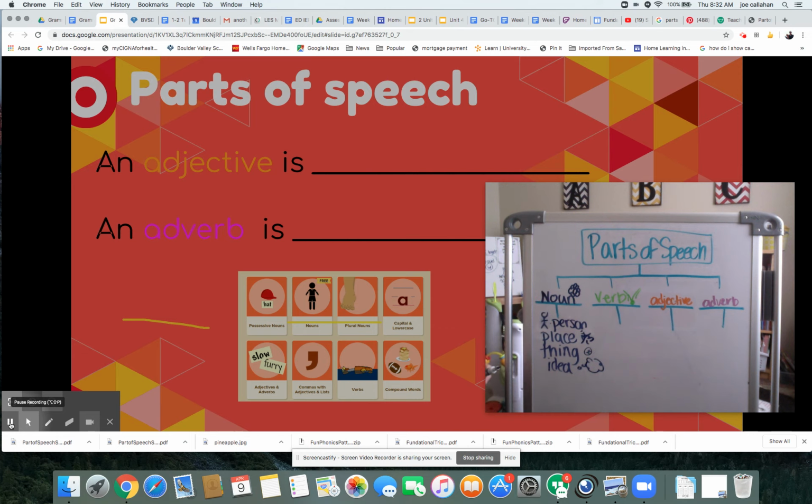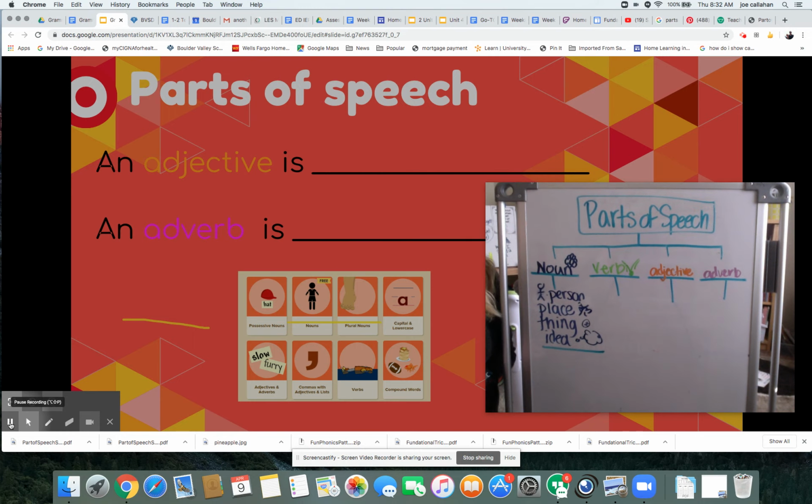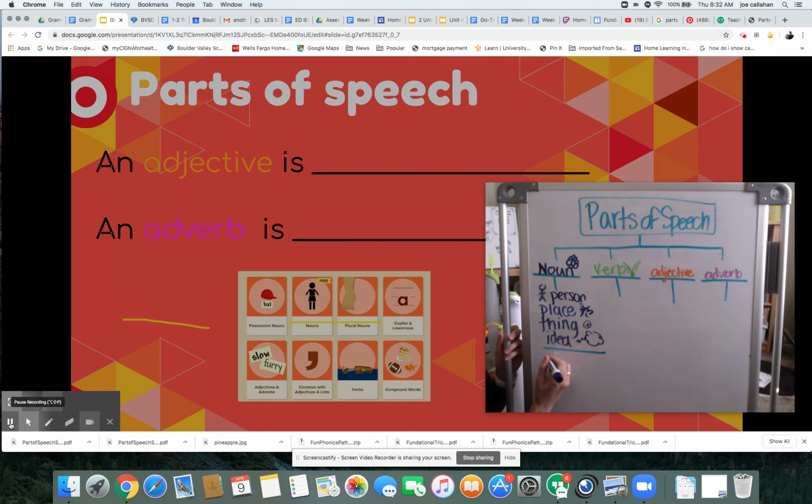Way to go, Mavs. Now list some examples of nouns that you know or that you see around your house. A ball is a thing. Mr. Caldwell is a noun, and he's a specific kind of noun because you capitalize proper nouns that are names of things, like Mr. Caldwell.